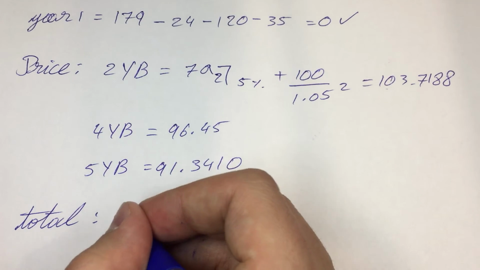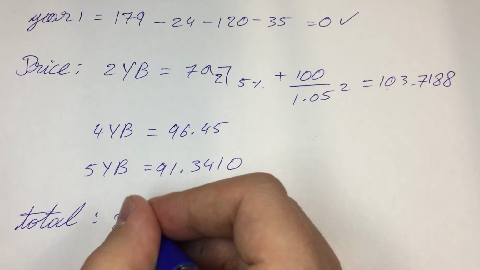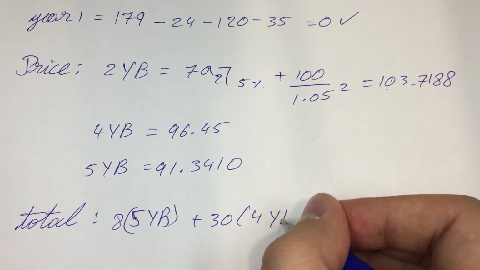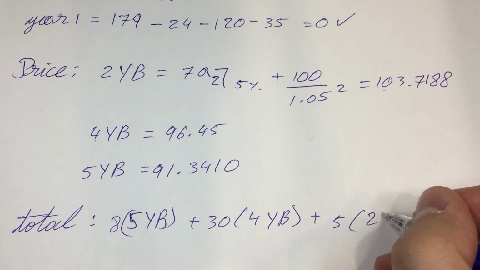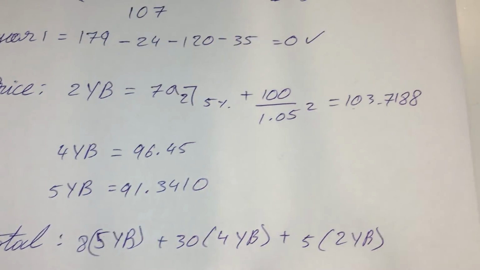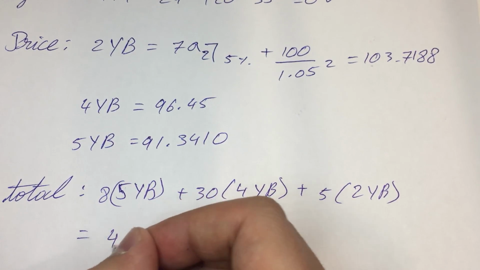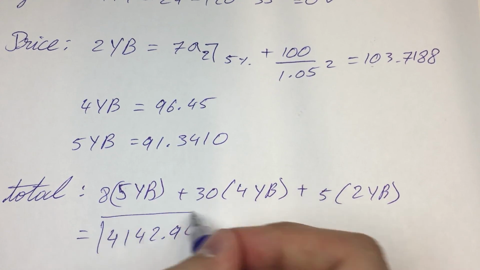So we purchased 8 5-year bonds plus 30 4-year bonds plus 5 2-year bonds. And just plugging in the prices of these bonds will yield a total of $4,142.94.